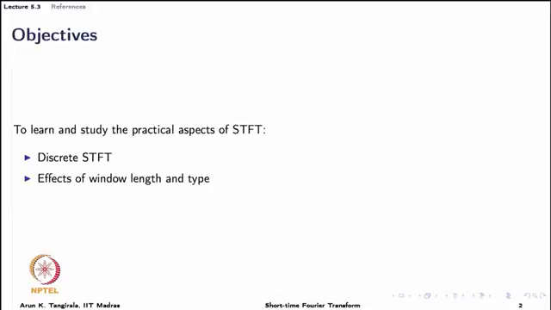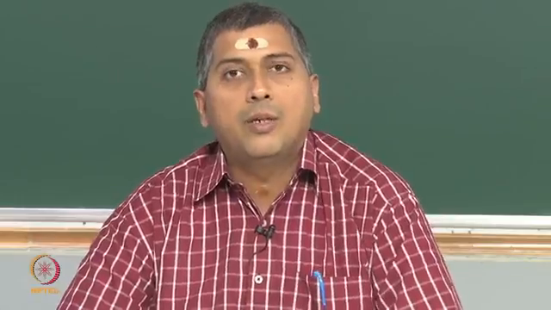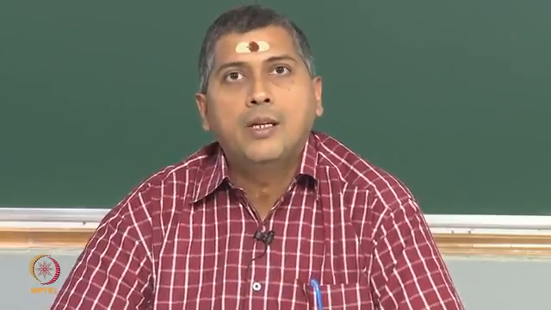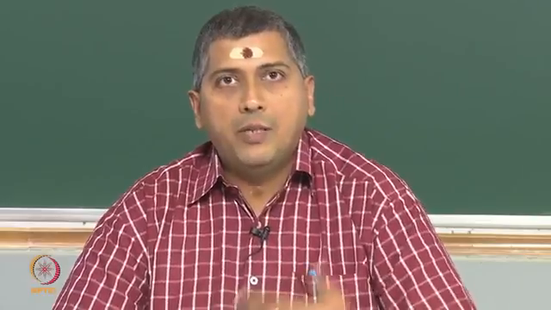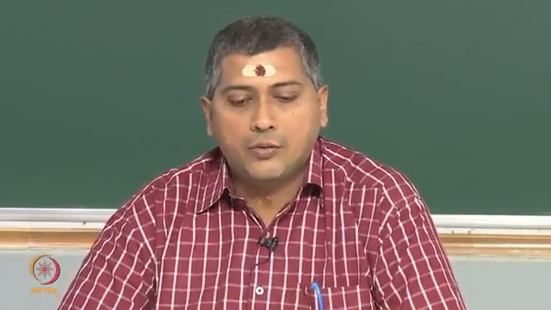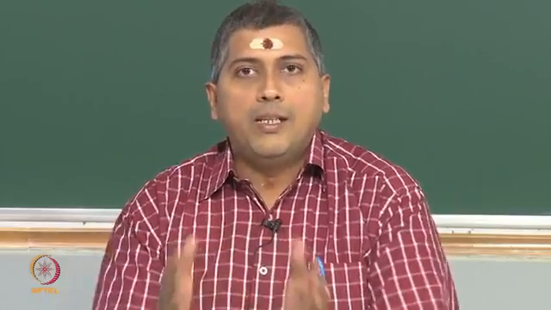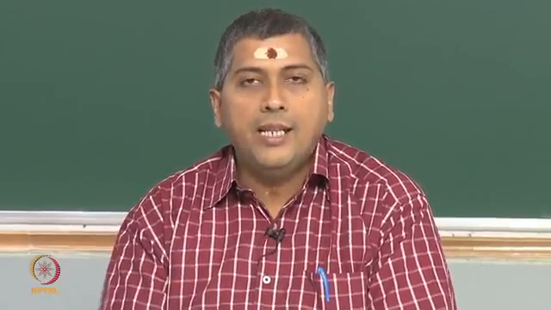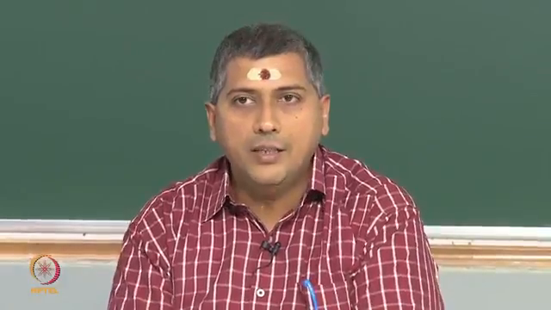So, we are avoiding this intermediate one where we would discuss the discrete time short time Fourier transform. As expected, as we saw in the case of discrete Fourier transform, we would be discretizing the time and the frequency axis here. In the case of DFT, we only discretize the frequency axis because that was the only variable.